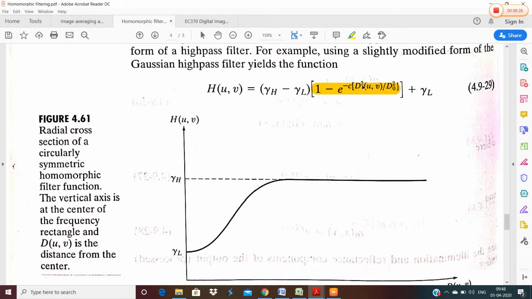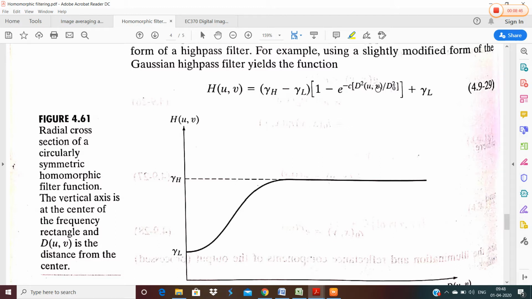So in this equation, this D0 is called a particular cutoff frequency, and D represents the cross-sectional view. It represents the radius.